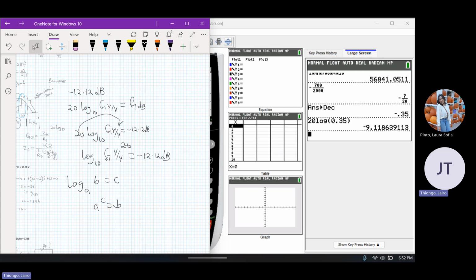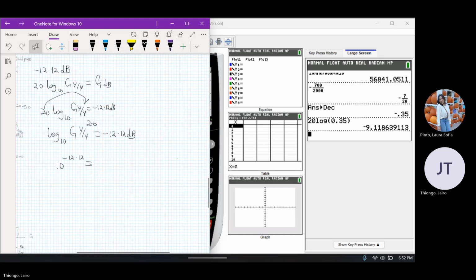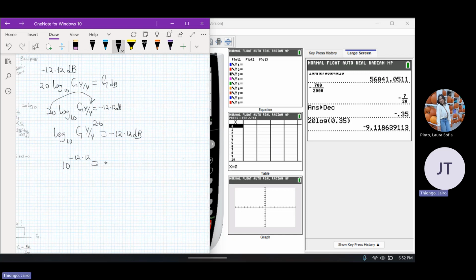We can apply that same analysis here. 10 to the minus 12.12 is equal to the gain in volts per volt to the power 20. So we already have this value.